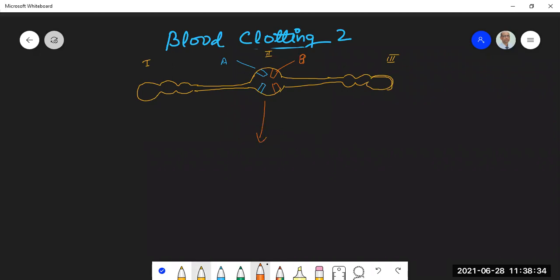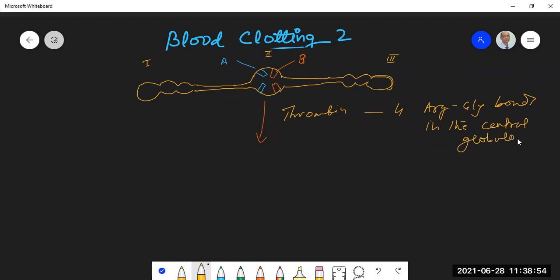Thrombin hydrolyzes 4 arginine glycine bonds in the central globular region. Thereby it cleaves and liberates 2 A fibrinopeptides and 2 B fibrinopeptides.